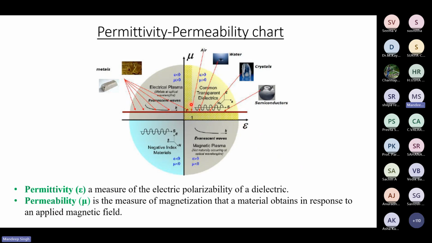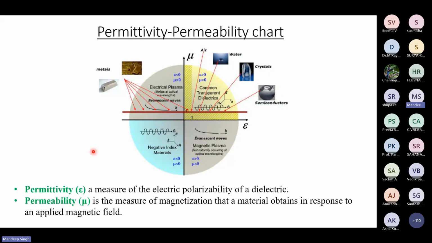If you have negative permittivity and positive permeability, it falls under the second quadrant, and metals fall under this second quadrant. This will support the plasma, so it helps us with the electrical plasma behavior at that frequency.